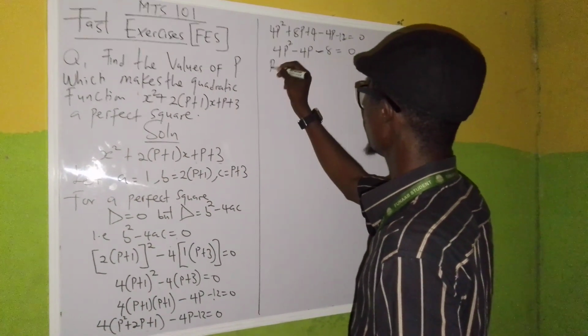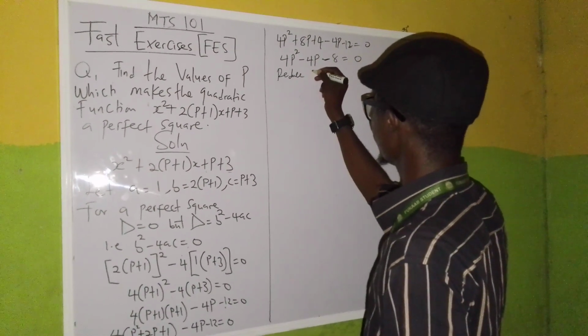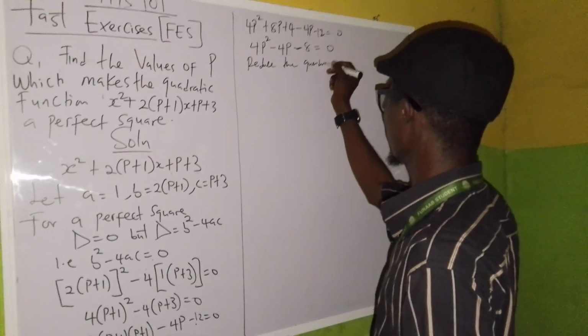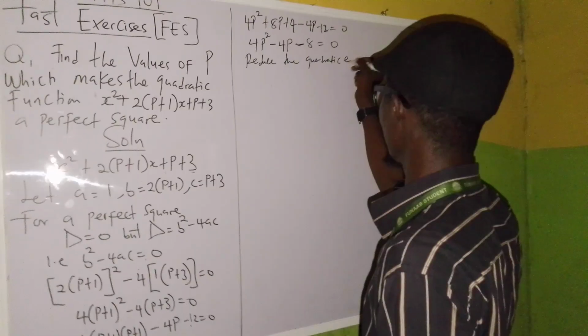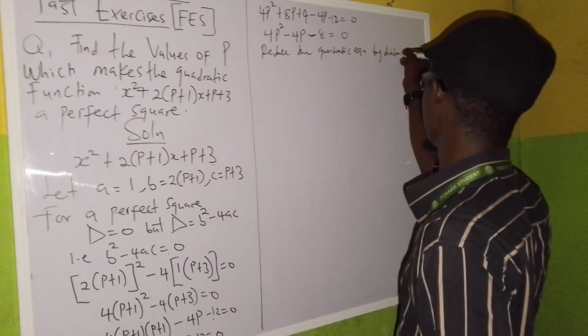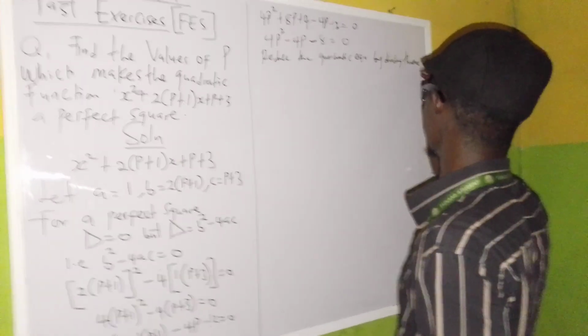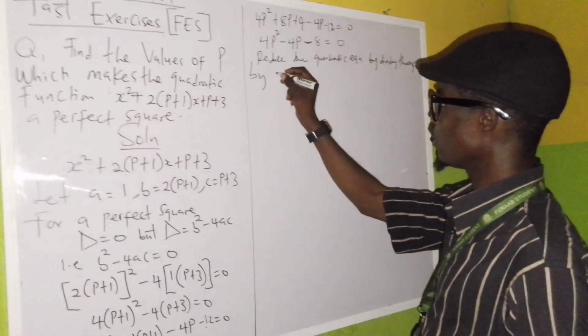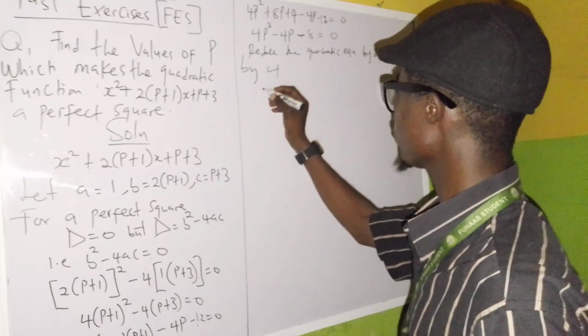So you can reduce the quadratic equation by dividing through by what? What can we reduce it by? By 4. So that becomes what?